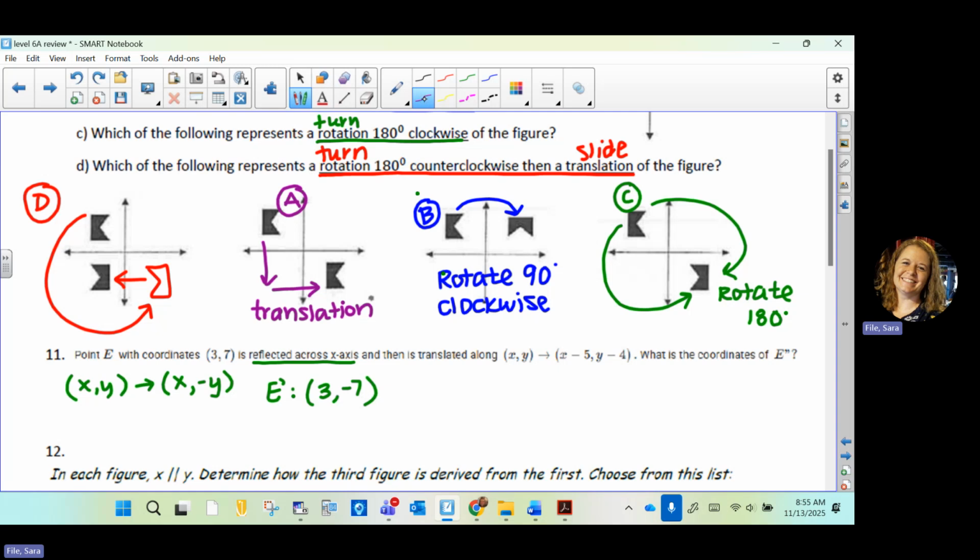Then they ask you to translate it using this rule. So subtract 5 from x and subtract 4 from y. So your E double prime, 3 minus 5 is -2, and -7 minus 4 is -11. So that's where you would end up for E double prime.